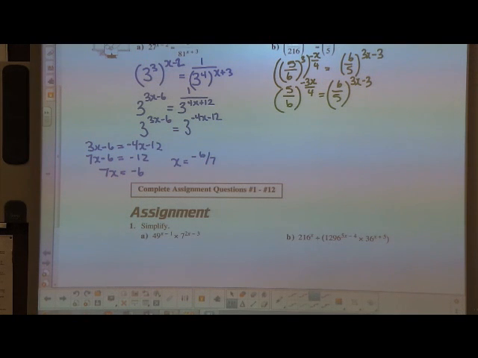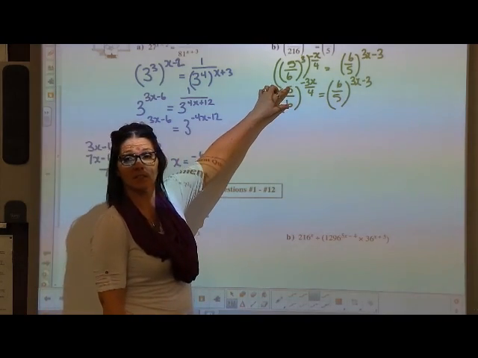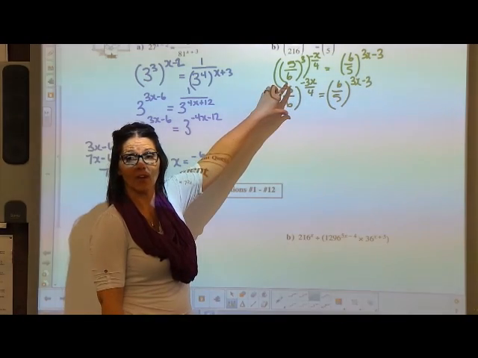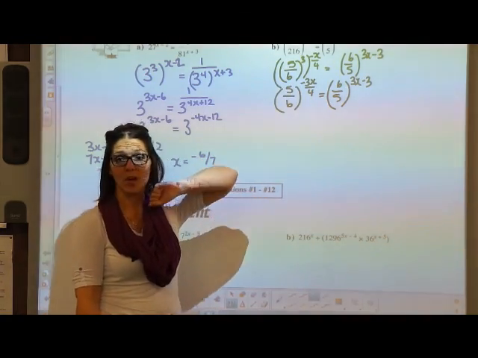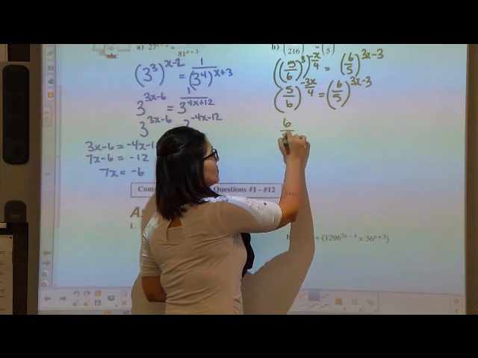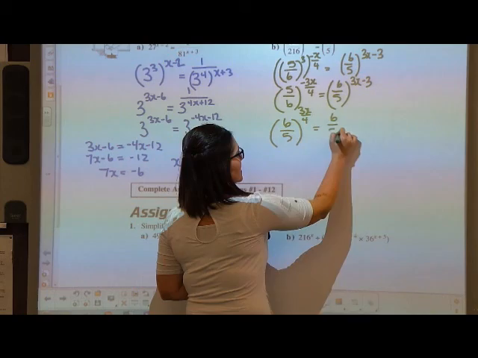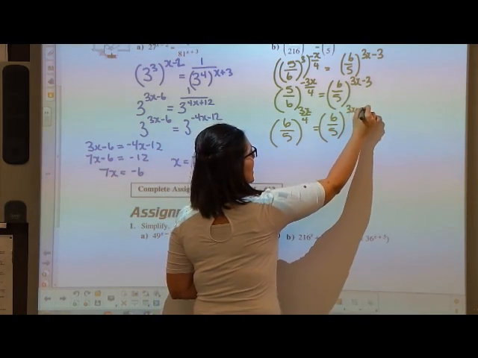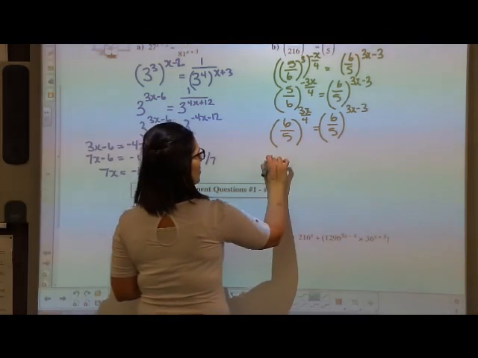Can I make the bases equal to each other? I could flip it. But if I flip it, what do I have to do? It would make the exponent positive. So 6 over 5 would now be to the power of 3x over 4, and then I get 6 over 5 to the power of 3x minus 3. Now I have the same base, so now I can let the exponents be equal to each other.